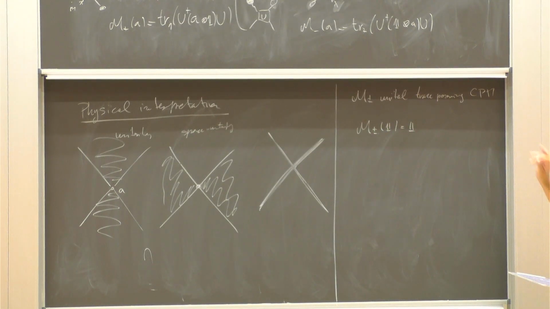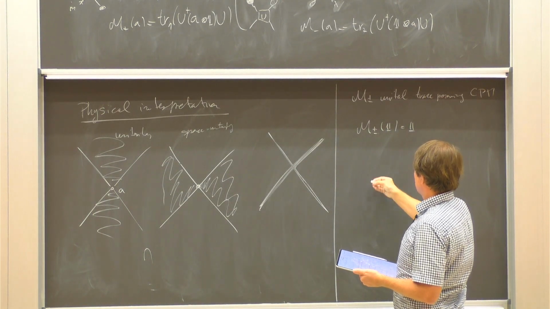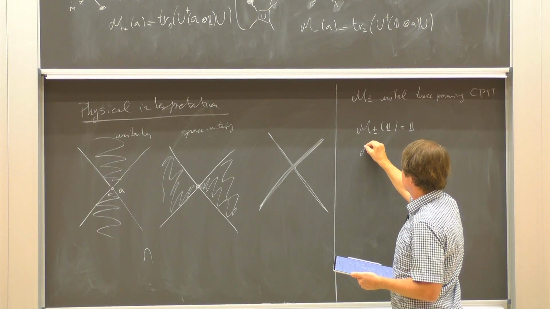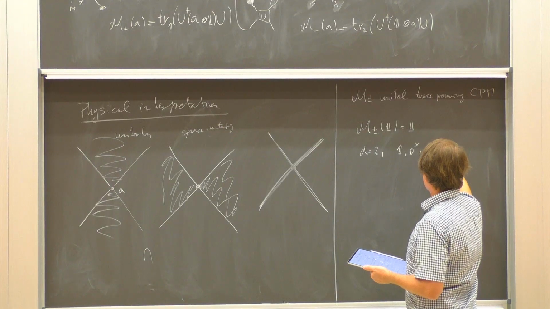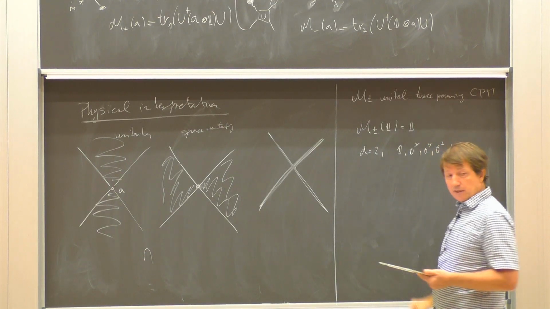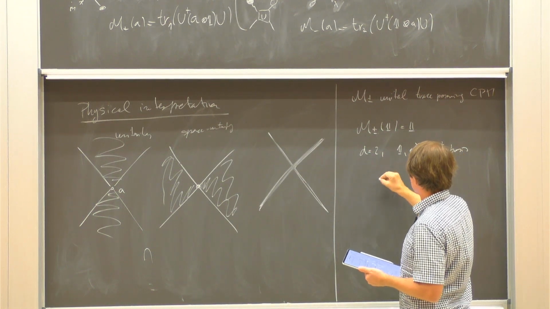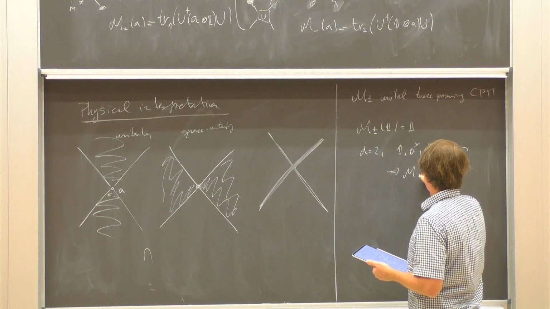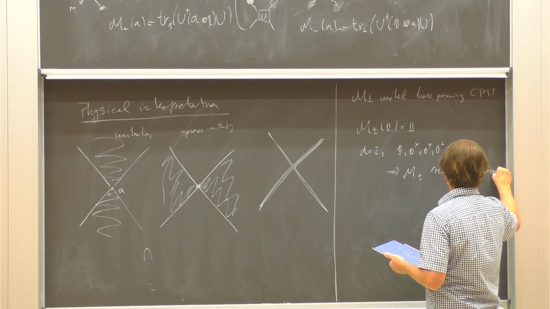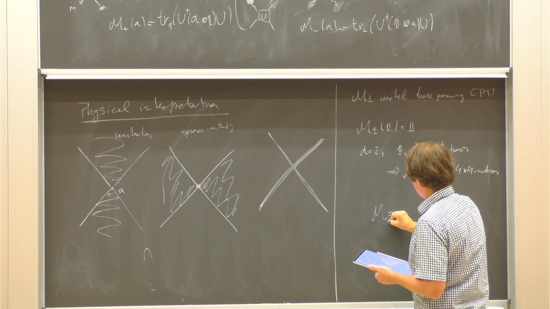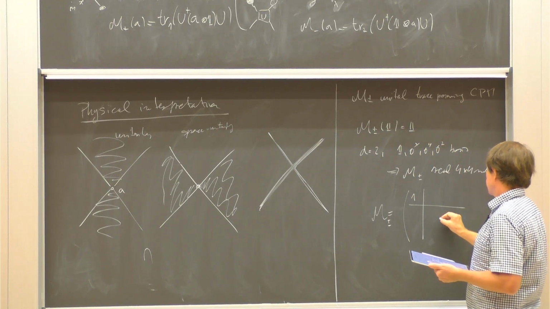This is the only traceful operator, and for the rest, you can decompose this map. Let's say for d equal to 2, if you write them in the basis of 1, sigma x, sigma y, sigma z, the basis of Hermitian 2 by 2 matrices, then they have a real representation: M are real 4 by 4 matrices with the following structure. They have element 1 here, and then a 3 by 3 matrix here.